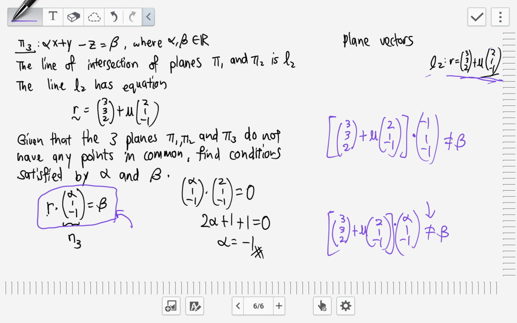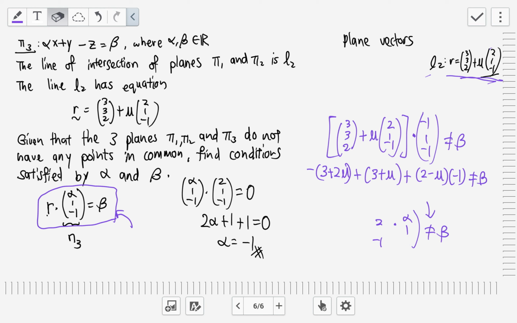That means (3 + 2 mu) times minus 1, plus (3 + mu), plus (2 - mu) times minus 1, does not equal beta. We simplify this. Minus 3 plus 3 is 0.